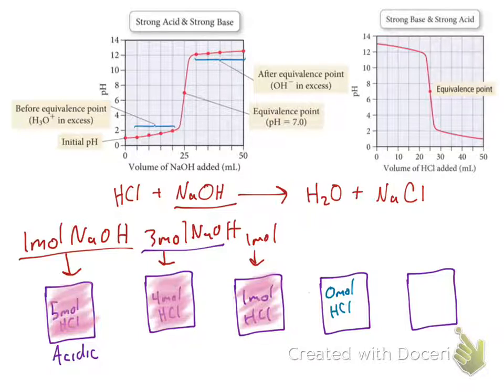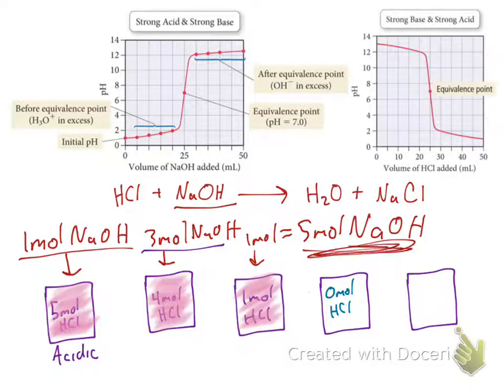And so how many moles did it take to reach that point? Well, it took a total of 5 moles because all of these added together add up to 5 moles of sodium hydroxide. And because we know that we put in 5 moles of sodium hydroxide, and we know it's a 1-to-1 ratio, that's how we can determine that there was originally 5 moles of acid.